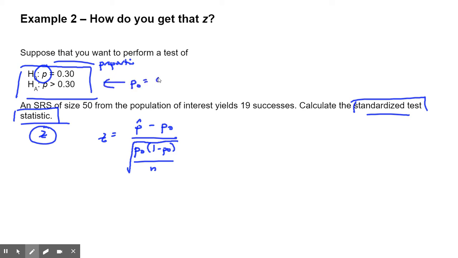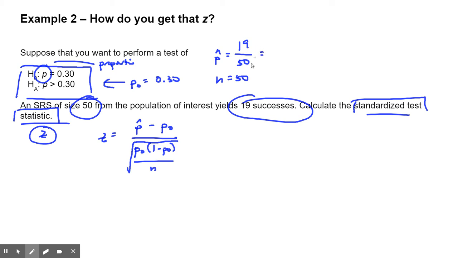Your p sub 0 is 0.30. Your p hat is going to come from this statement. You have a sample of size 50. So there's your n. That'll also be your bottom number in your sample proportion. And you had 19 successes. That's your top number. If you divide 19 by 50, you get 0.38. And there's all my numbers.